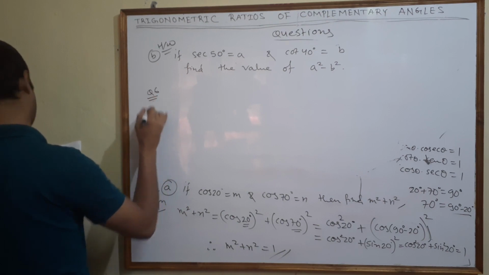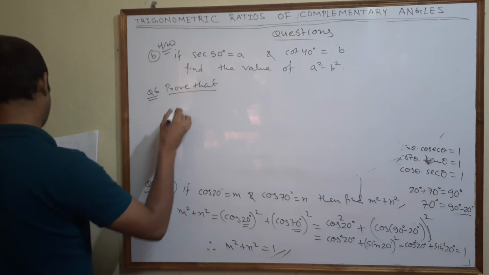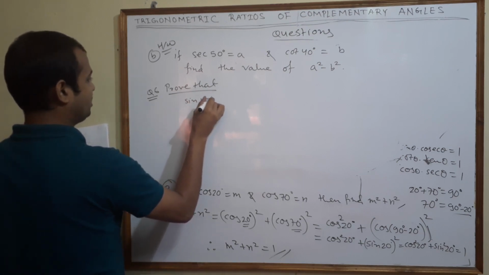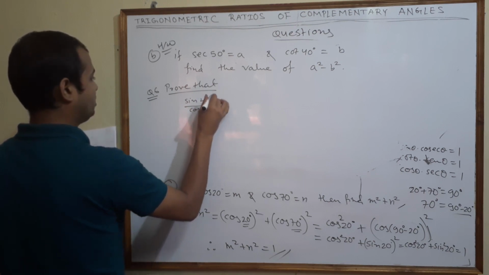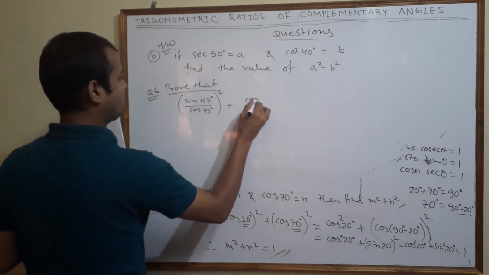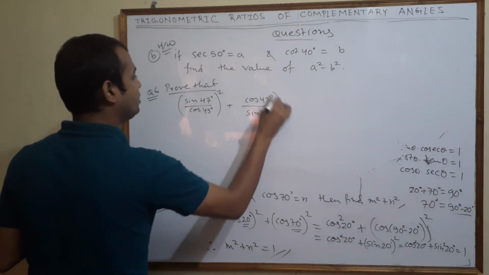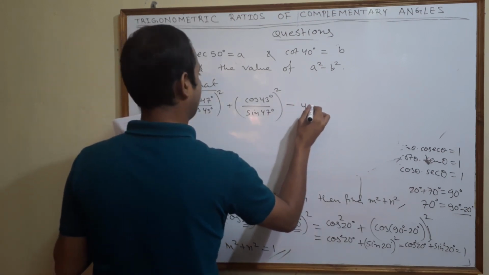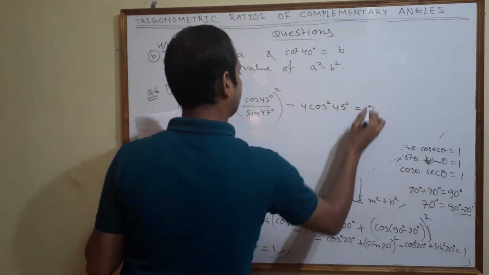Next is 6. Prove that (sine 47 degree upon cos 43 degree) whole square plus (cos 43 degree upon sine 47 degree) whole square minus 4 times cos square 45 degree is equal to 0.